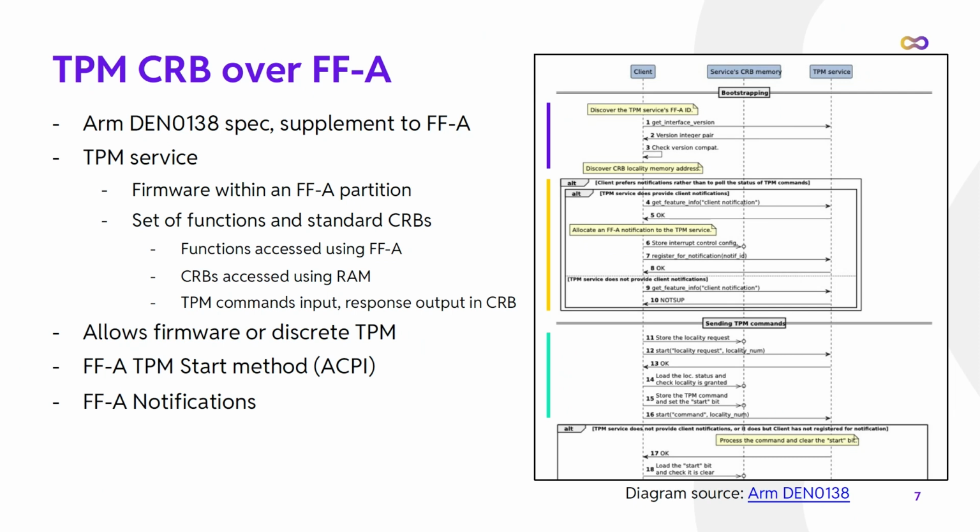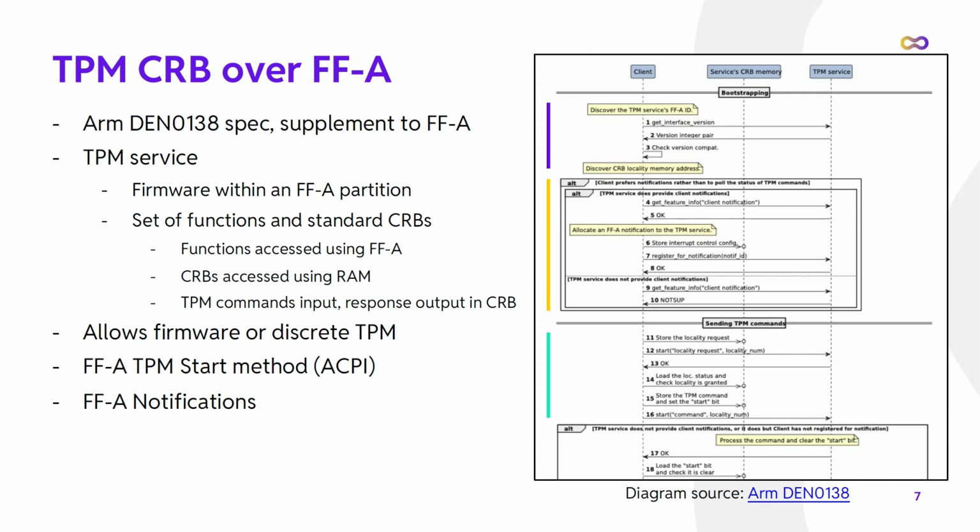This spec also mandates that this TPM service has to provide the CRB memory regions as described by the TPM standard. So what you achieve is kind of like a TPM CRB front end, but this specification doesn't say how you should actually implement the TPM command processing.